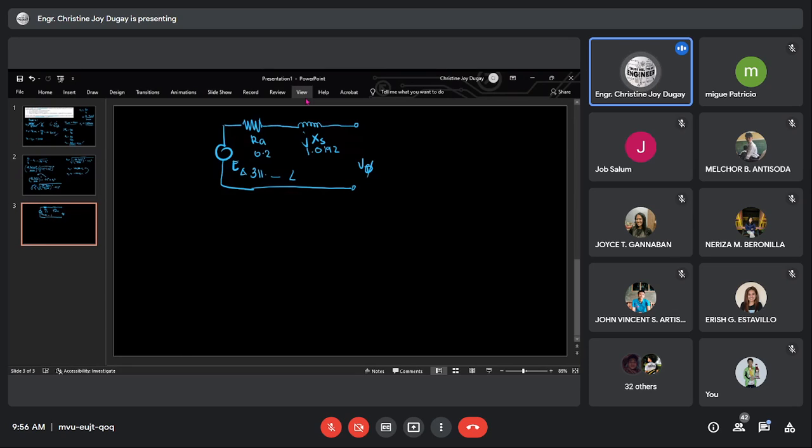Since this is EA at saka si V phase, so ang gagamitin nyo dito is si theta ba, gamma, o si sigma? Anong gagamitin yung angle po dyan? That will be now the angle of sigma, no?